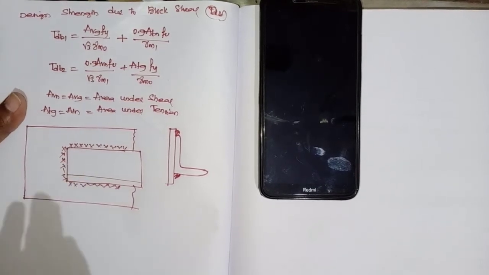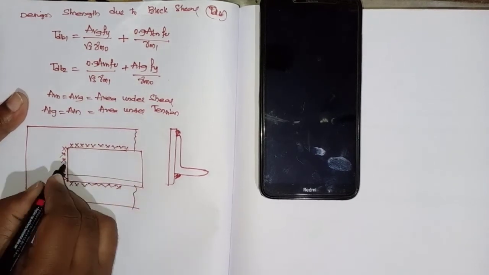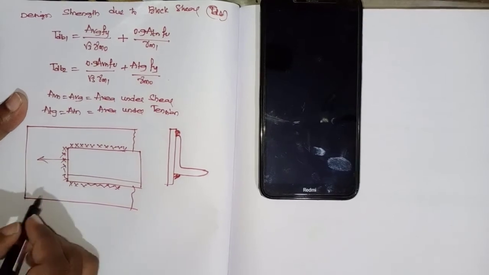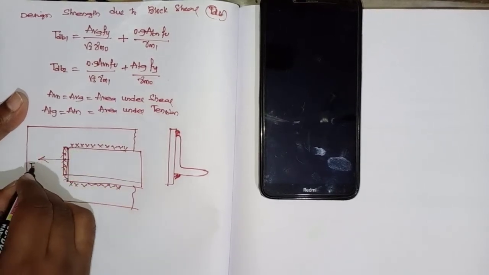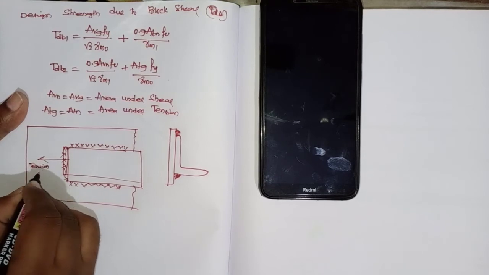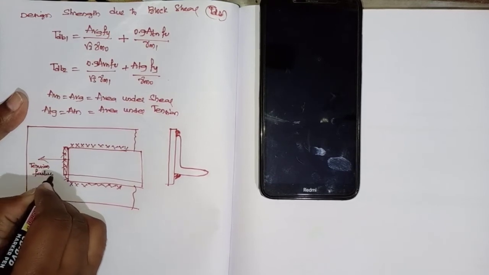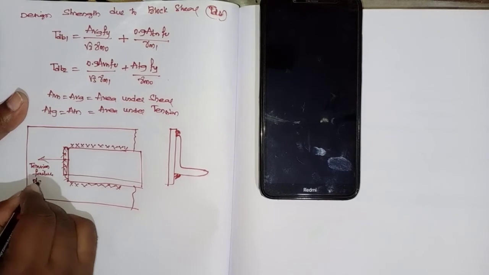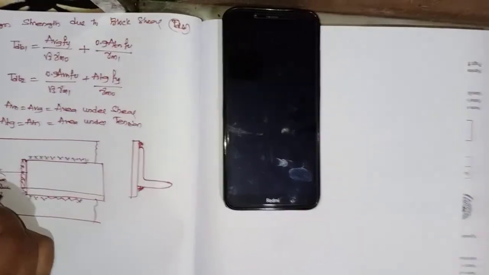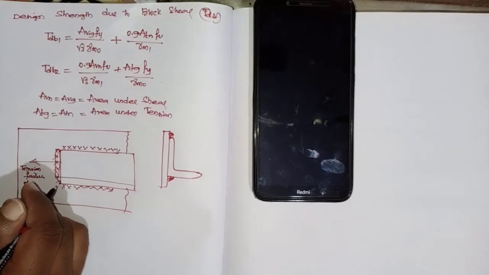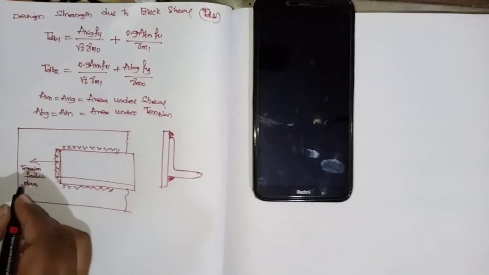Now which plane will be under shear? If I apply a tensile load, this plane will be under tension failure. We call this the tension failure plane, because I am pulling, it will be subjected to a drag, which means it is a tension failure.